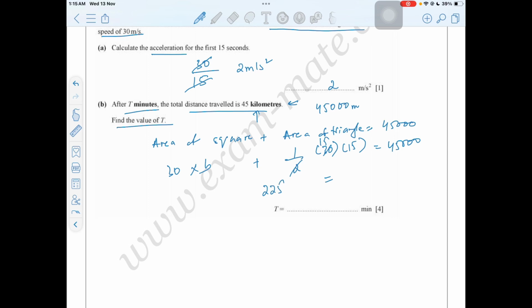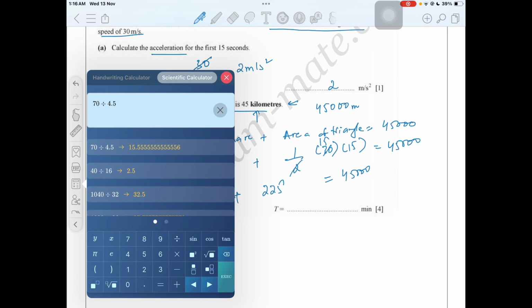Here we get it as 225, I guess, and this is 30b and 45,000. 45,000 would be subtracted by 225, which gives 44,775, and then divided by 30 to get our answer as something like this.